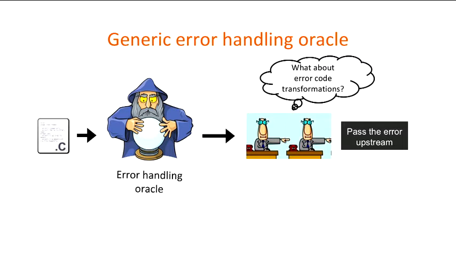Okay, I glossed over some details about passing the error upstream because the error does not always have to be completely, exactly passed upstream. Sometimes it's perfectly okay if there are some transformations done by the caller in returning an error code. How do we handle that? That is why in our error specifications we also include an error protocol.